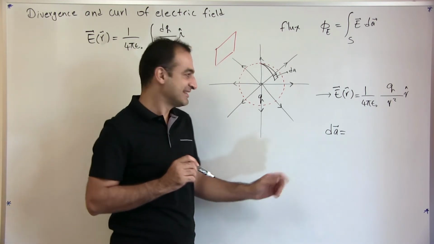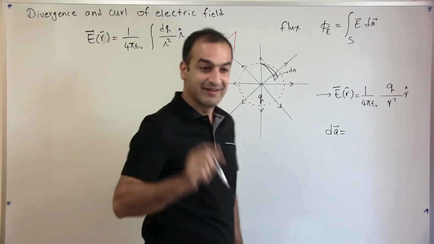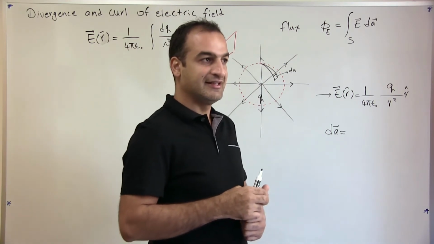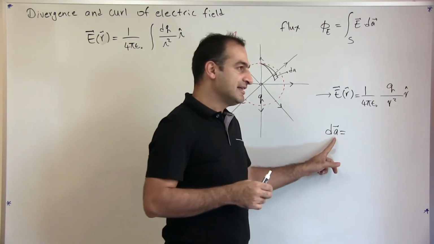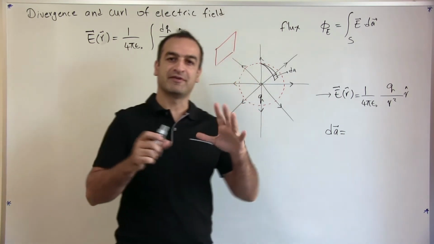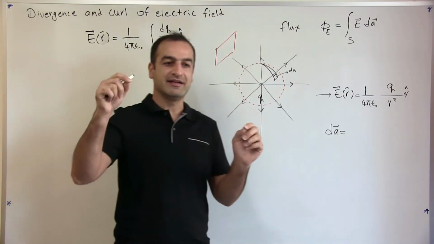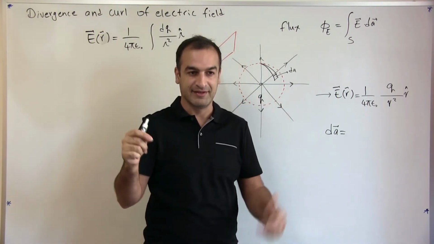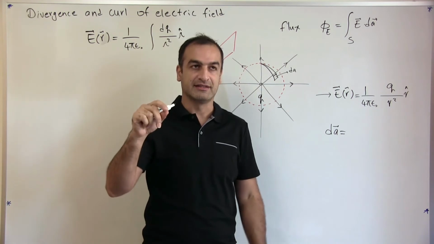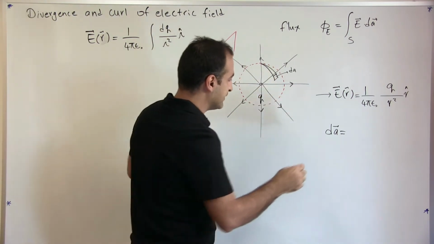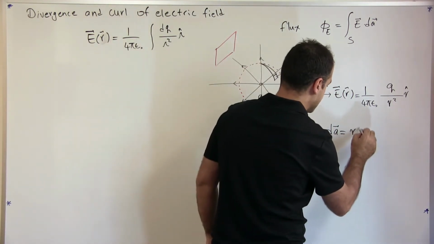Okay, let me write it here. Is it like r theta? Is that it, S equals r theta, or no? So dA equals, let's write it down. You have a couple of components. One of them is r d theta, and the other one is r sine theta d phi.